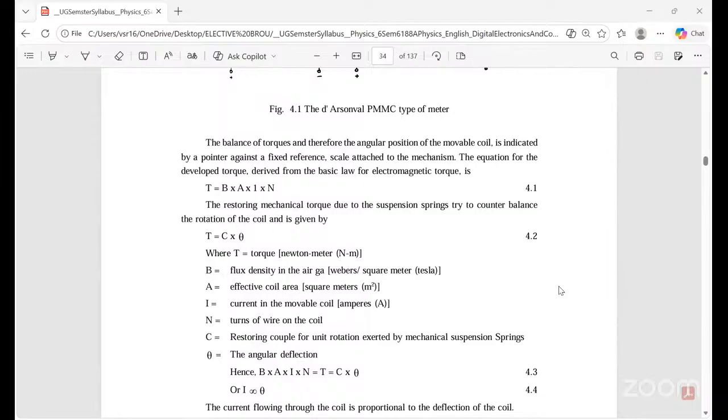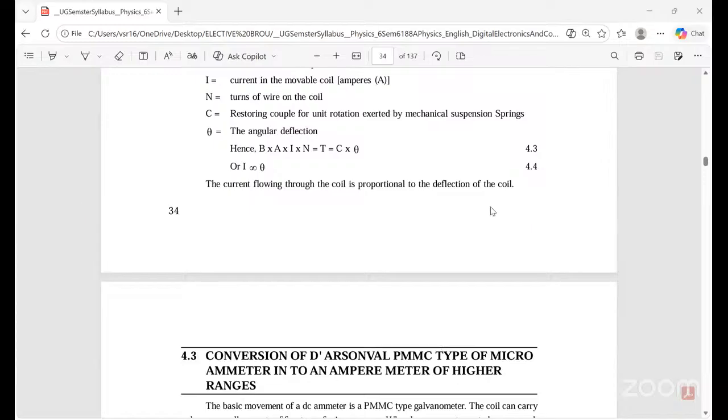The more deflection, more current: I is proportional to theta. More current, more deflection; less current, less deflection. So BIAN, which equals tau, is approximately equal to C theta. So the current flowing through the coil is proportional to the deflection of the coil.